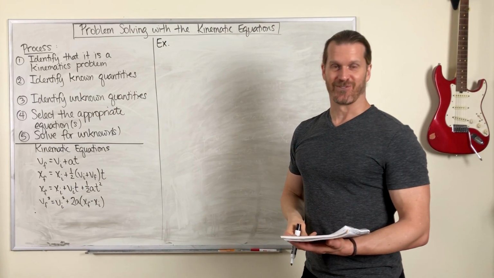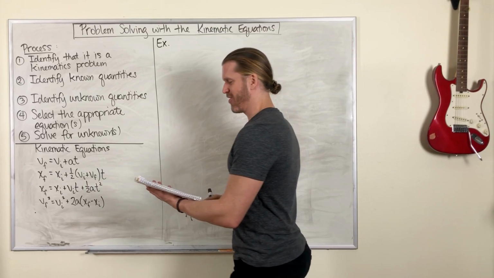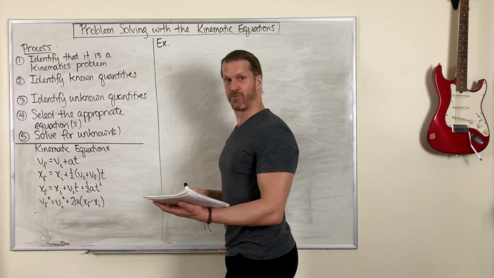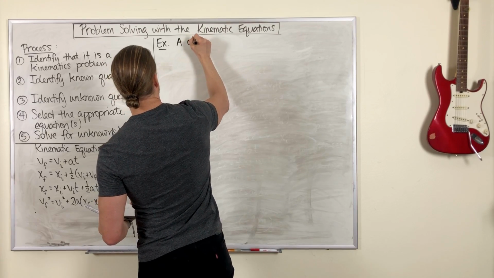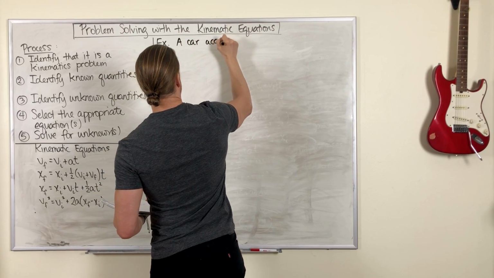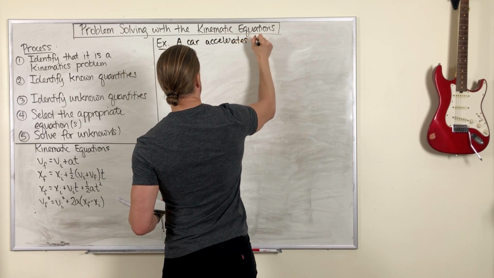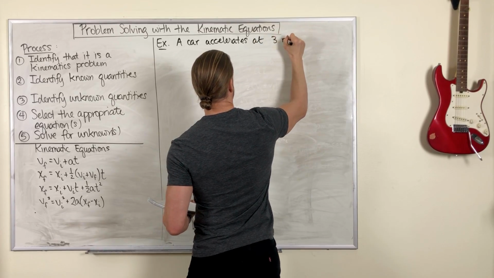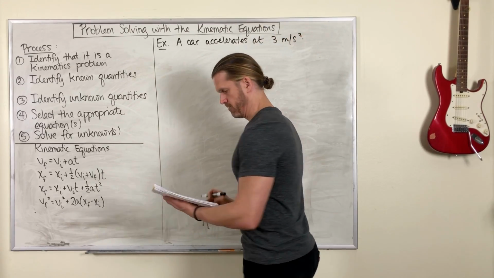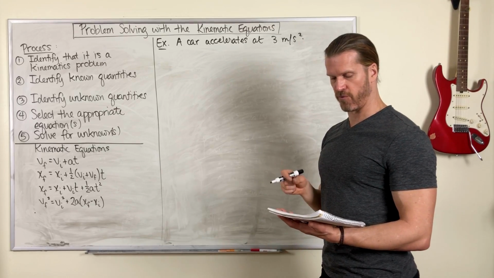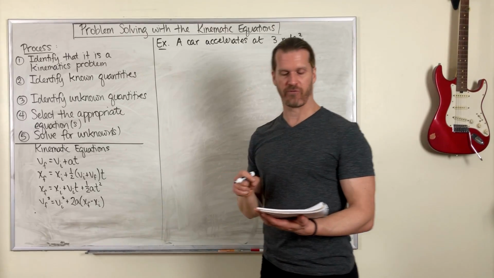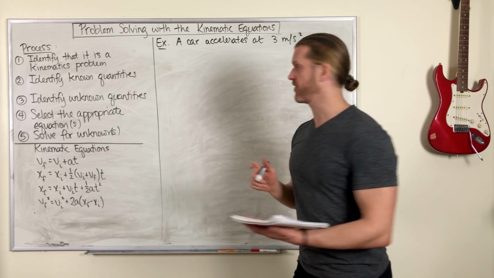All my examples involve cars. First example, a car has an acceleration of 3 meters per second squared. How long does it take for this car to go from 10 meters per second to 25 meters per second?